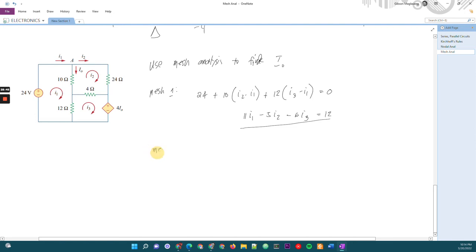For mesh 2, okay, so we have 10 I1 minus I2 minus 24 I2 plus 4 I3 minus I2.